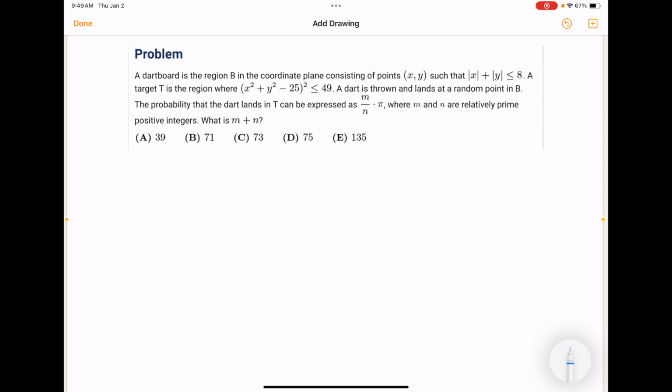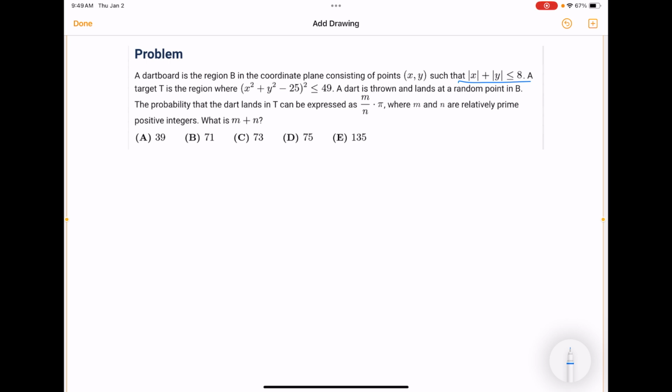So starting off with the part where it tells us that the absolute value of x plus the absolute value of y is less than or equal to 8. Inequalities in this form represent a square with its center at the origin of the coordinate plane, and the vertices are at a distance of 8.